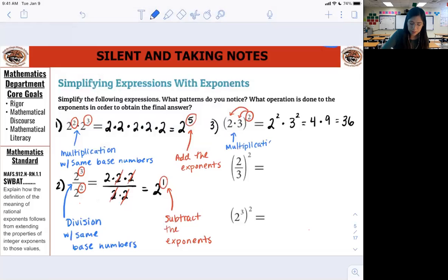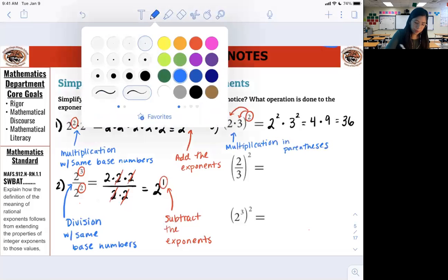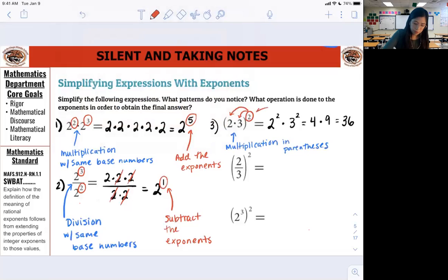No, not the same base number, but we had multiplication in the parentheses. And what we did was distribute the exponent. So far, in the first one we added the exponents, in the second one we subtracted the exponents, and in the third one I was able to distribute the exponent because of those parentheses.